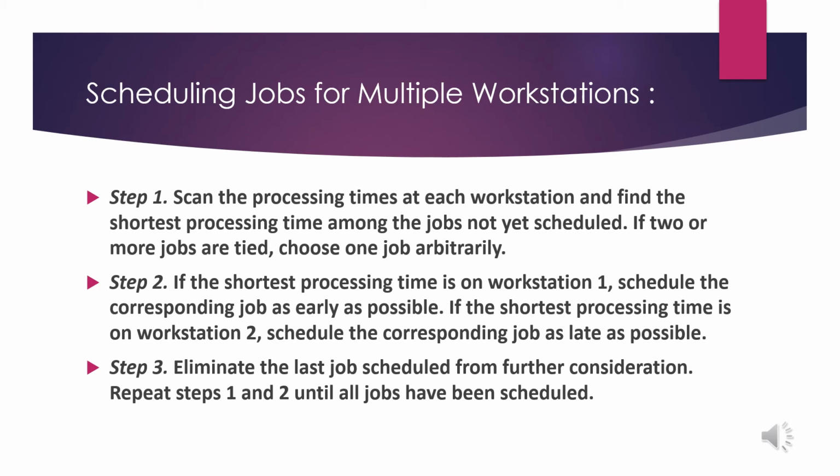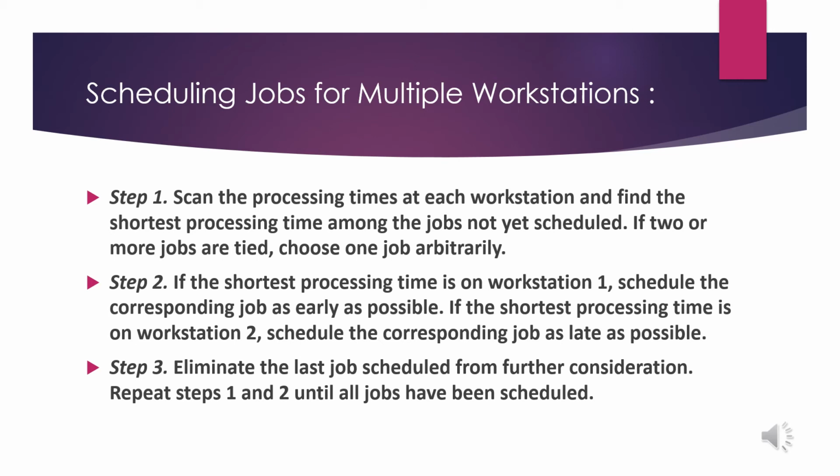Step 1 is scanning the processing time at each workstation and finding the shortest processing time among the jobs which have not yet been scheduled. If two or more jobs are tied, we choose any job arbitrarily. This is the first step. The second step is, if the shortest processing time is at workstation 1, schedule the corresponding job as early as possible.